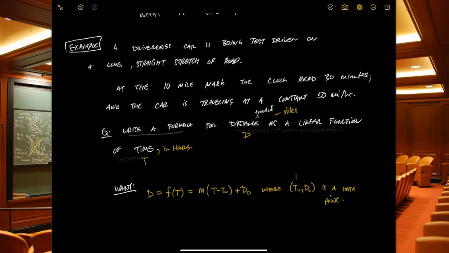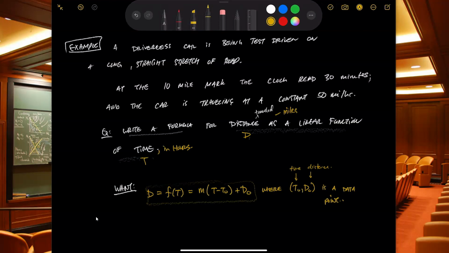So what is t naught? This is a time-distance pair. So this is really what we want. So what do we have?